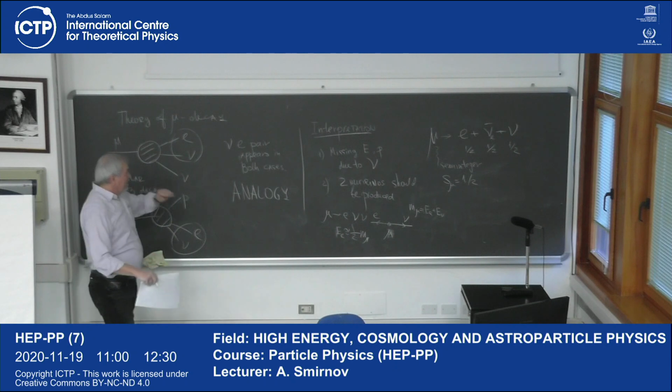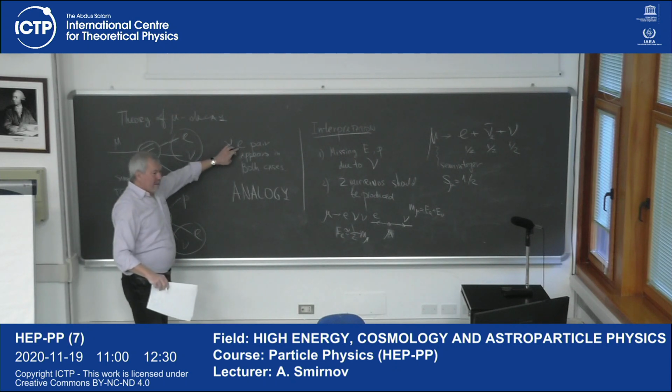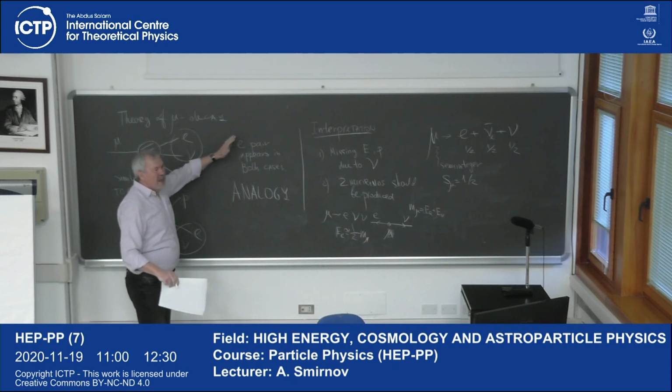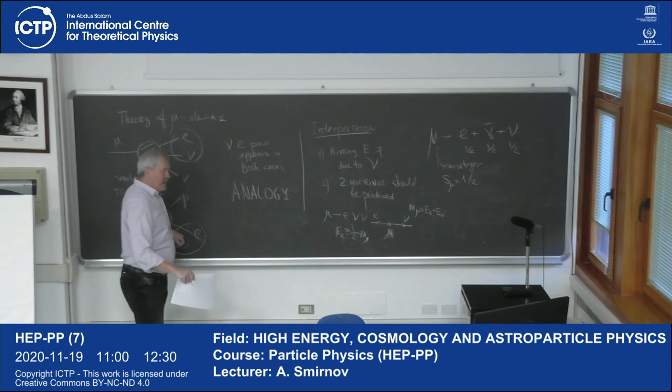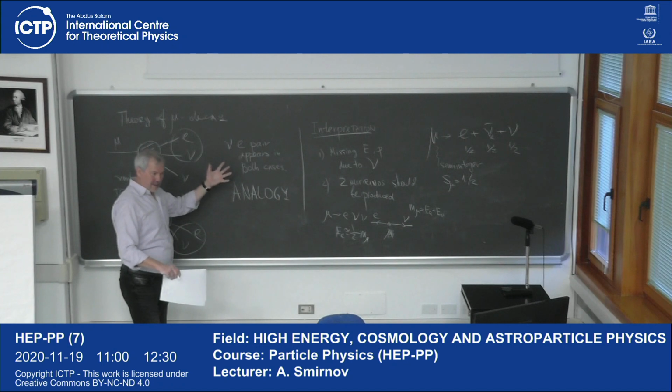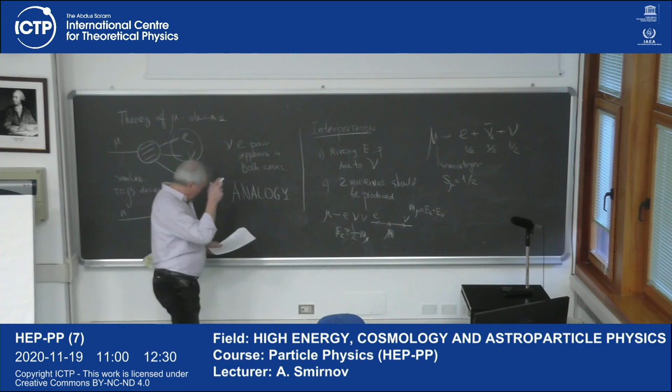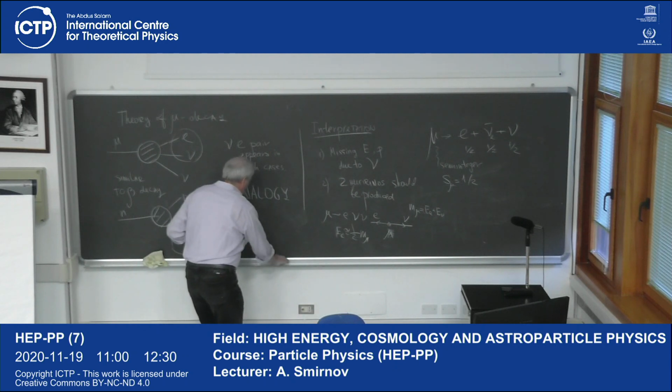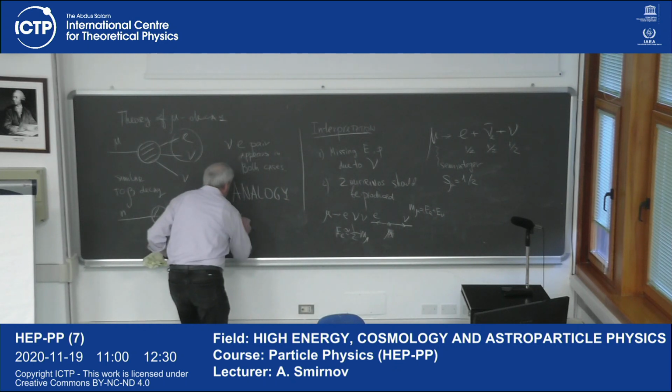We can imagine that this pair has the same mechanism of appearance as in beta decay. So it's produced by a current made of neutrino and electron fields. So mu and e form a current.